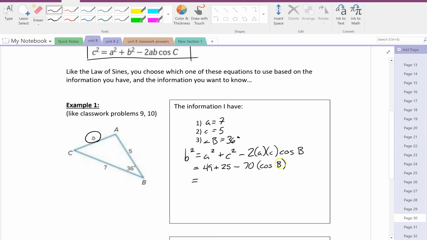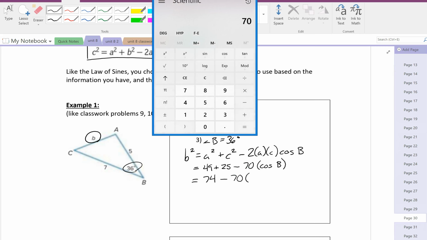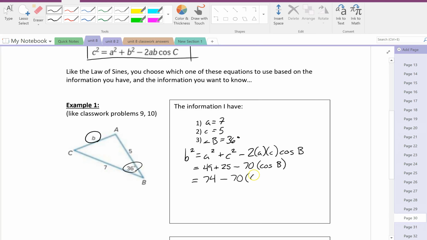So I'm just going to move one step ahead in simplifying this. 49 plus 25 is 74 minus 70 times the cosine of angle B, which is 36. So I need to find the cosine of 36. Let's call it 0.81.